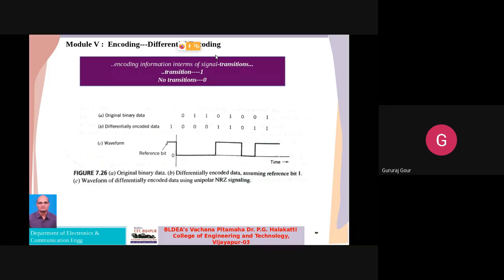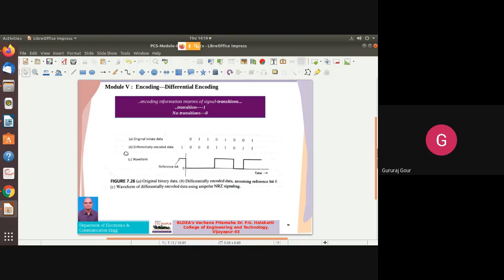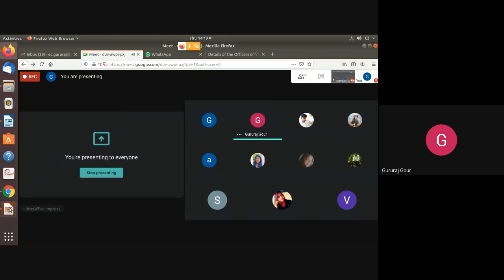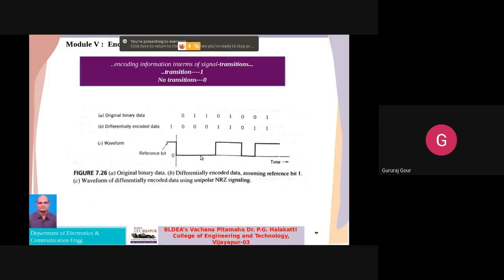Here, for example, we are adopting a differential encoding technique. Let us see how things happen. For differential encoded data, we will assume the reference bit is 1, and we begin with it. Whenever there is a transition, it will be denoted by 1, and if there is no transition, it will be denoted by 0.